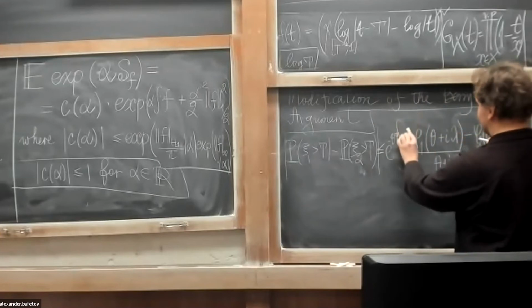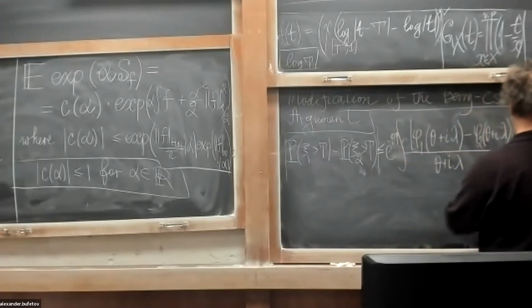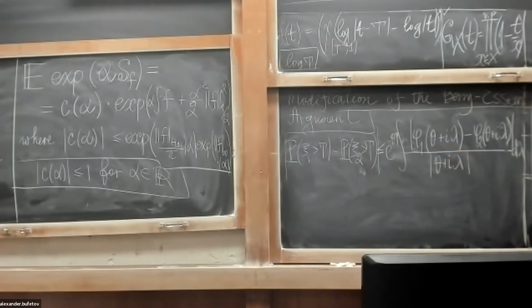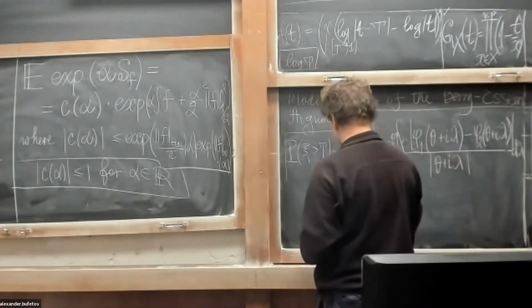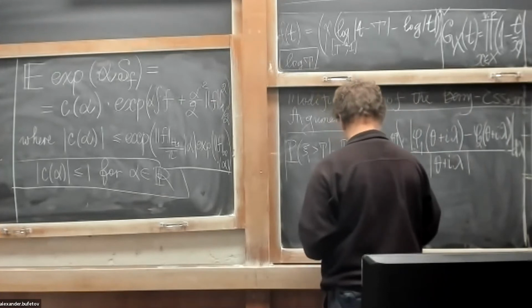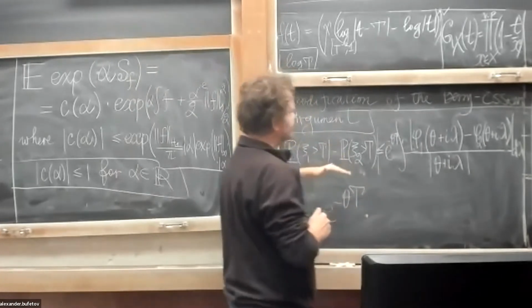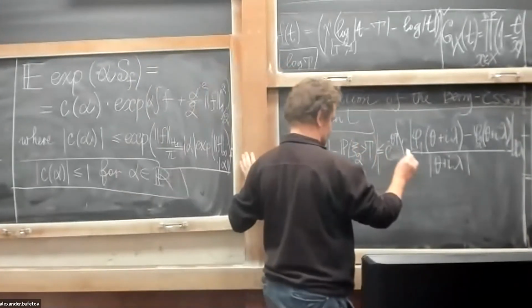And let us imagine that for some reason I know that this quantity is dominated, so let me write e to the minus theta t, that this quantity is dominated, that the growth in terms of theta is at most normal.